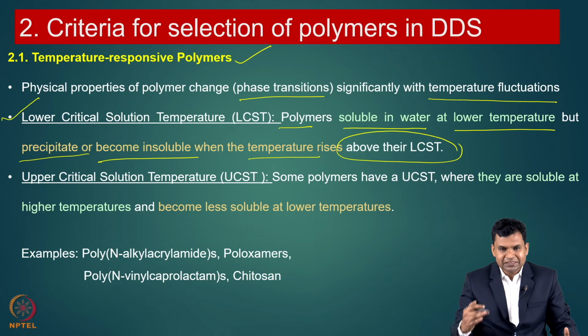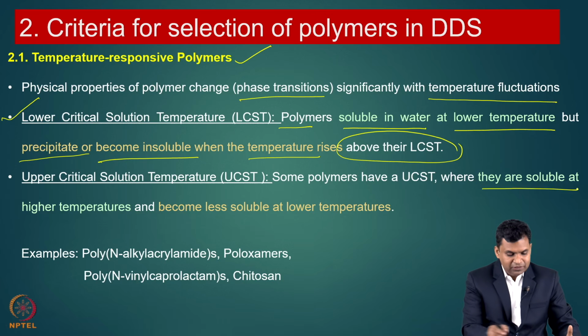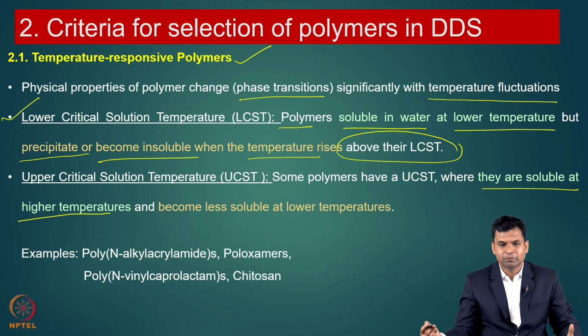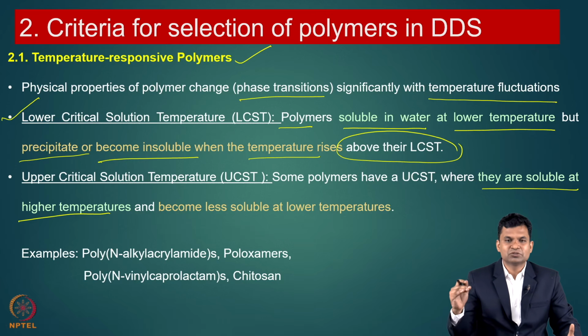And the other category of polymers are called upper critical solution temperature, or UCST, responsive polymers. They are soluble at high temperature, and when you decrease the temperature they will become insoluble and precipitate. So, at high temperature these polymers are soluble in the medium.